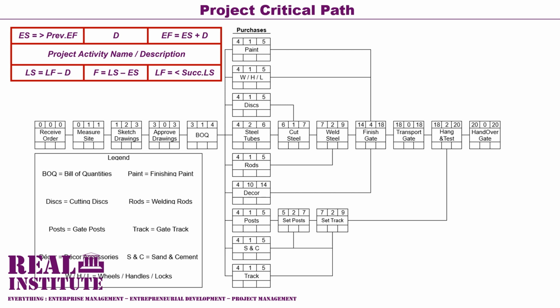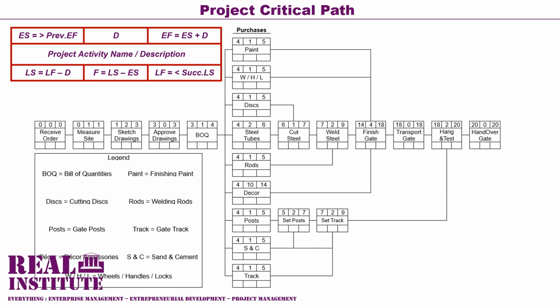On the other hand, activities 6 to activity 16, from the order or purchase paint activity all the way to the order or purchase track activity, are allocated early start values equal to their predecessor's early finish value. Their predecessor being activity 5, which is the bill of quantities activity, which has an early finish value of 4.